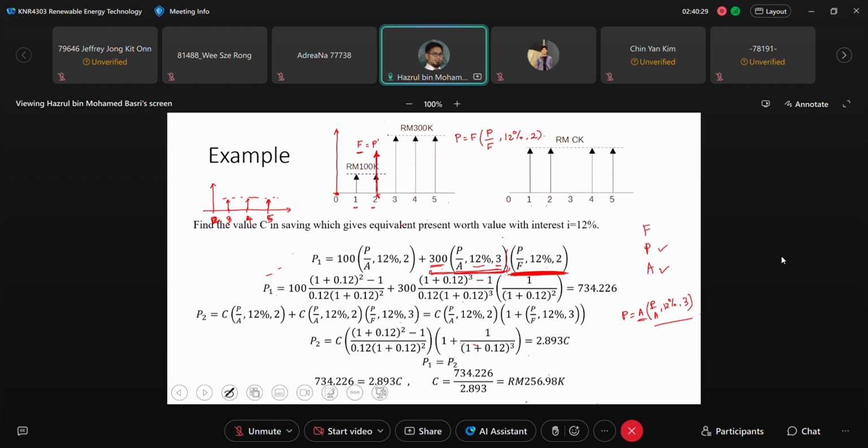What is this? This is your P prime, or the future value. That's why we use this P over F, because F and F, arithmetically speaking, they cancel out. So there we go. Now we have this term, plus another term here. So what we next need to do is just plug in the numbers.